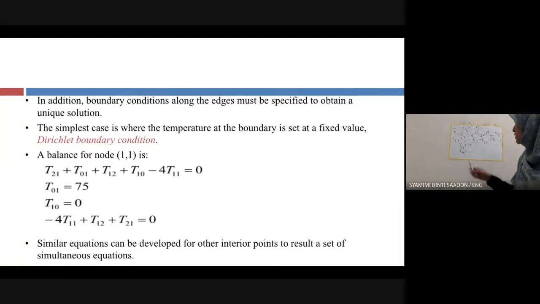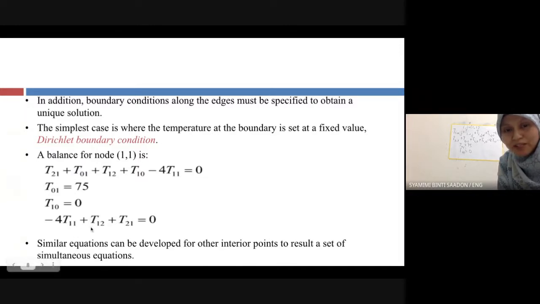So we can simplify this Laplacian equation for node 1,1 into this form: minus 4 T11 plus T12 plus T21 equals minus 75.